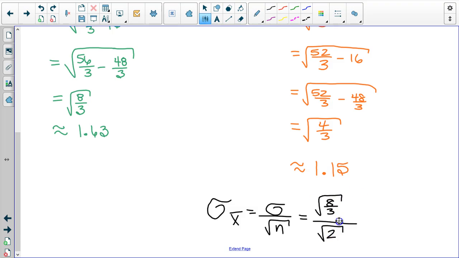Square root this and divide it by the square root of 2. And what do you get? 1.15.